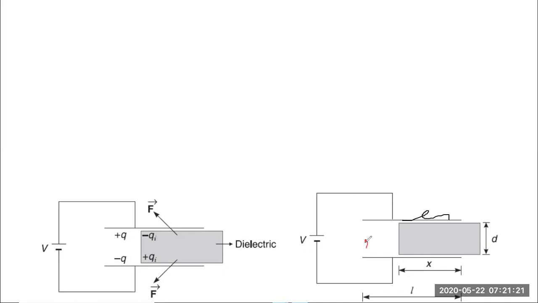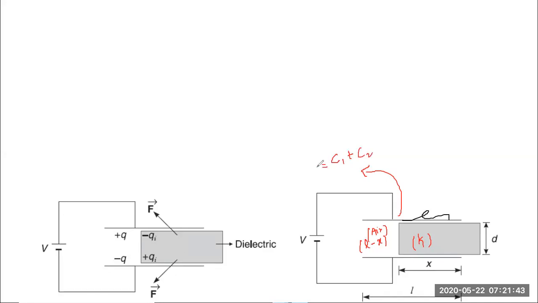Now here we can say that this L minus x portion is occupied with air, and the x portion is occupied with the dielectric of dielectric constant K. Let us consider. Now you see, if you take this as a capacitor, then you can treat it as the combination of two capacitors connected in parallel.